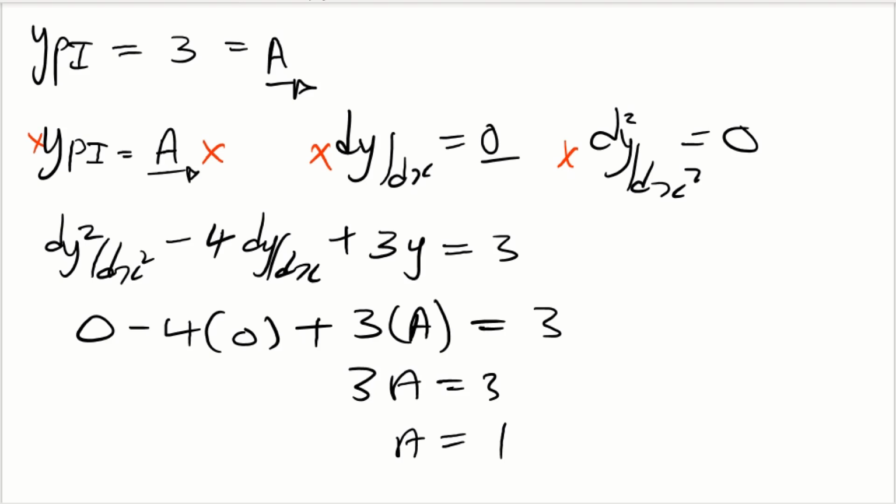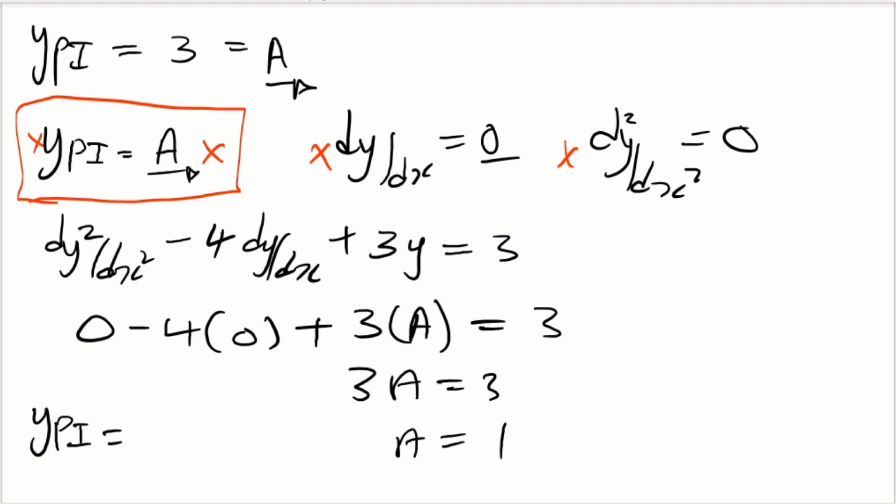You go back to your y PI and substitute that value of a there. So y PI equals a equals 1. So your y PI will be equal to 1.